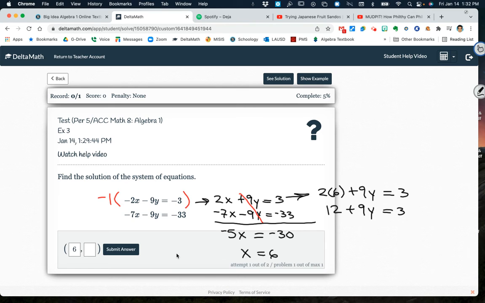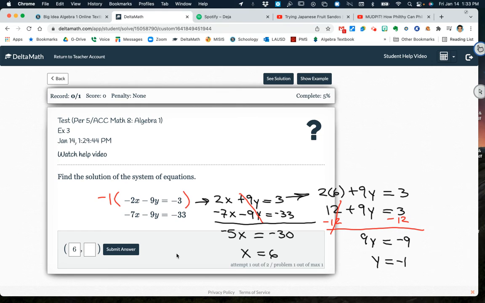And let's get rid of this 12. So we get 9y equals -9. So that means y has to be -1.